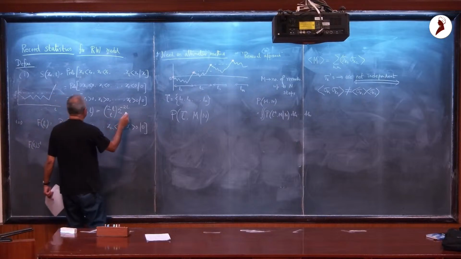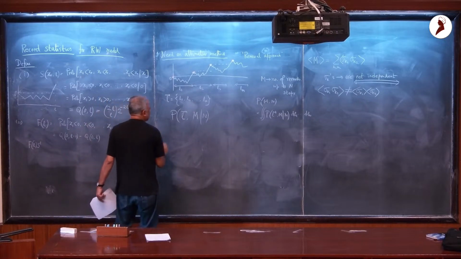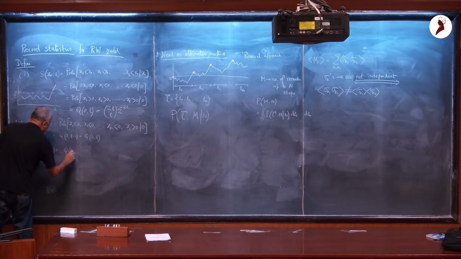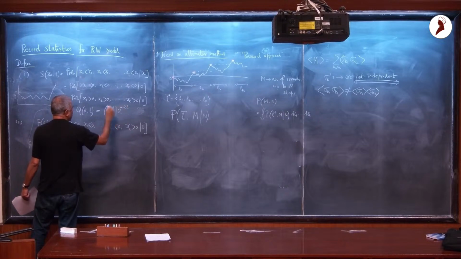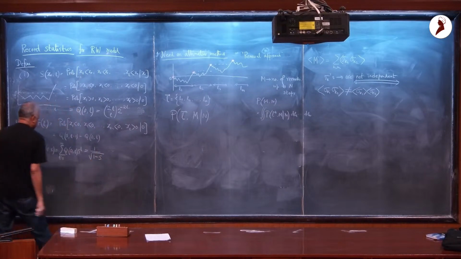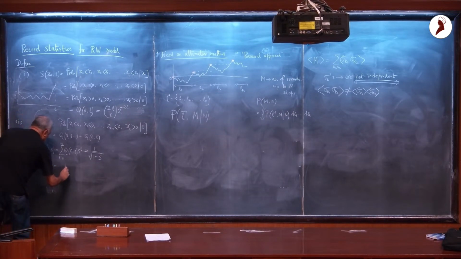So the generating function of Q0L, you remember, this we had shown in the class: Q tilde 0 of s is the sum over L equal to 0 to infinity of Q0L multiplied by s to the power L. And this is trivially 1 over square root of 1 minus s. This is the Sparre Andersen result.